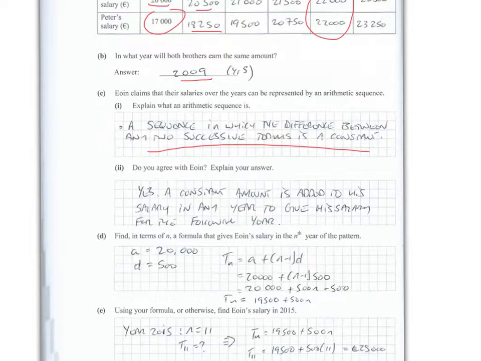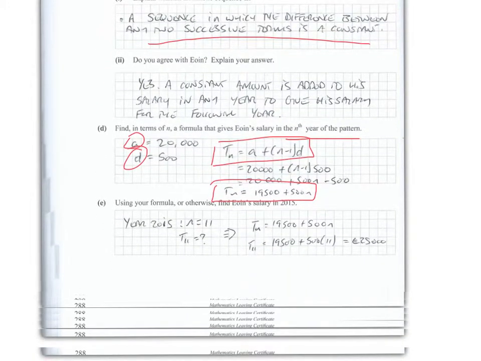Then find in terms of n, a formula that gives Owen's salary in the nth year of the pattern. So you're looking to generate and use the nth term rule. You know a is 20,000, d is 500. There is your nth term rule for Owen. And you use your formula to find Owen's salary in 2015.